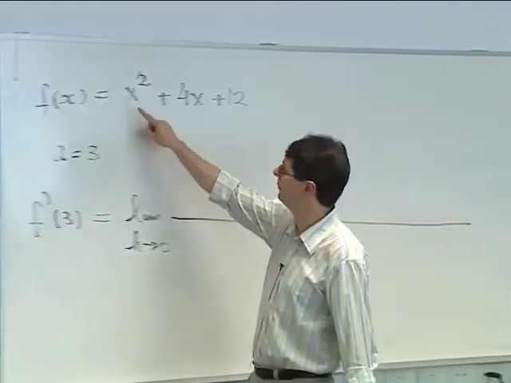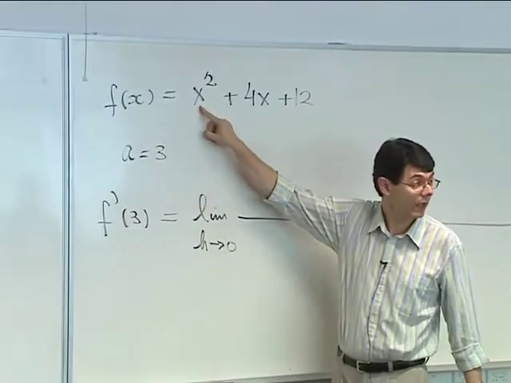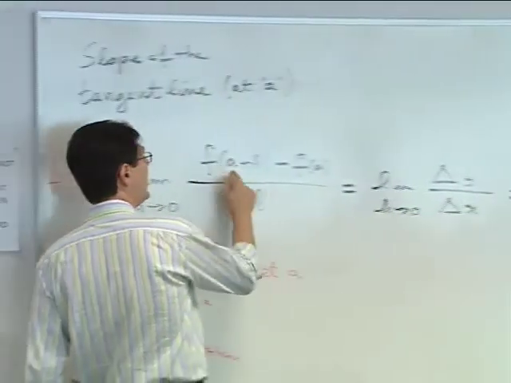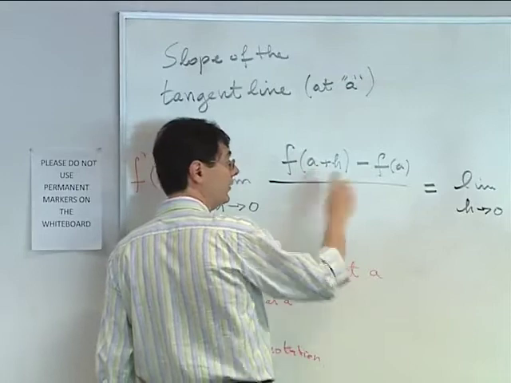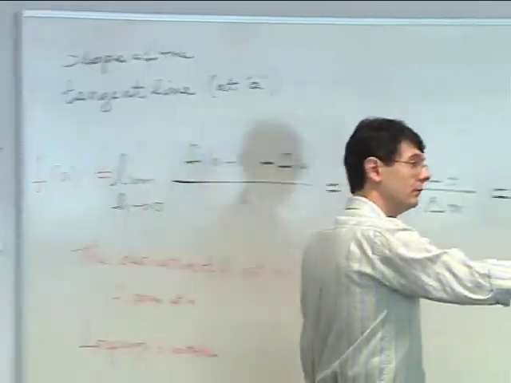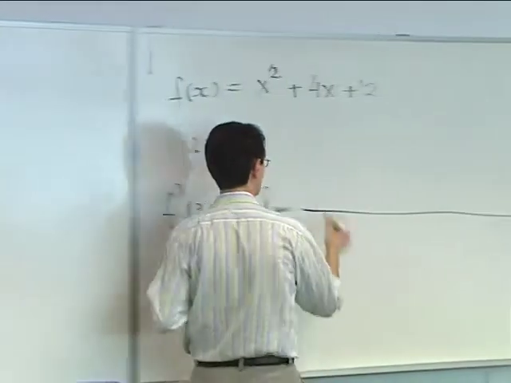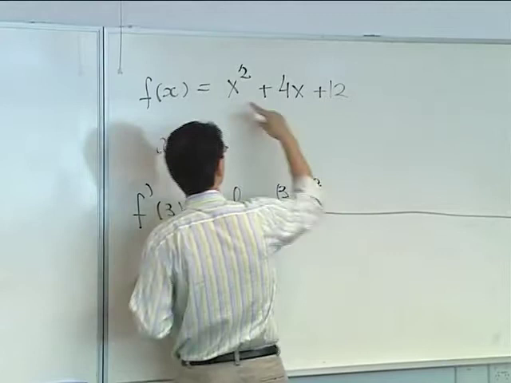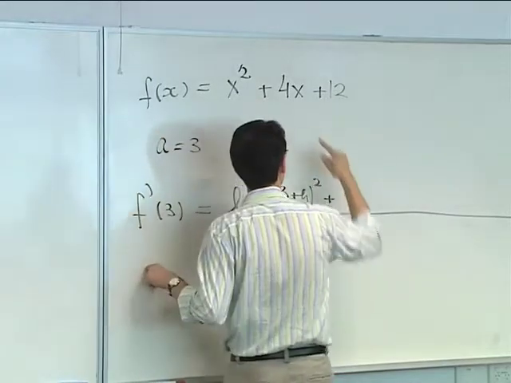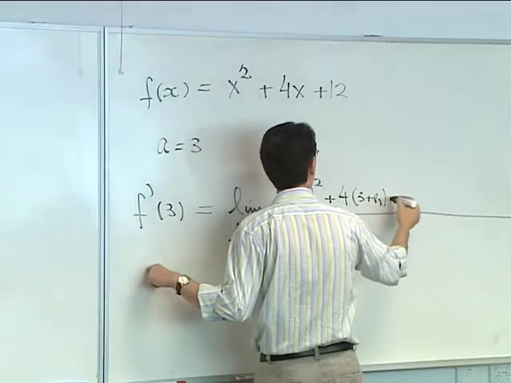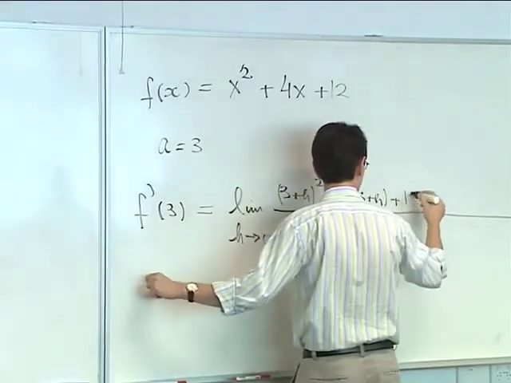Instead of x, wherever I see x, I'm going to write a plus h. And a is 3. So I'm going to write 3 plus h squared plus 4 times 3 plus h plus 12.